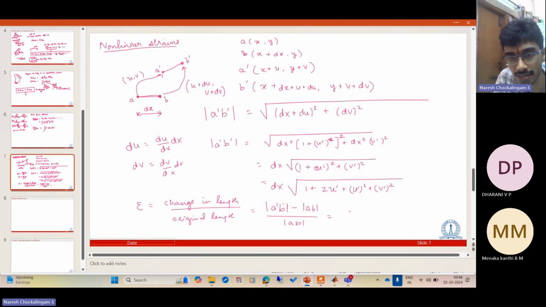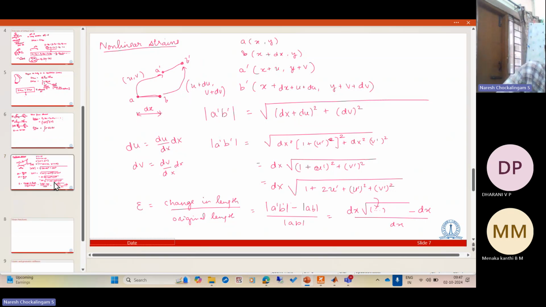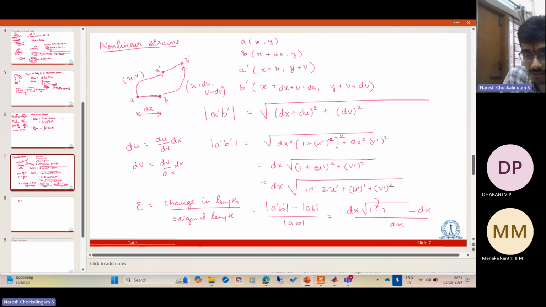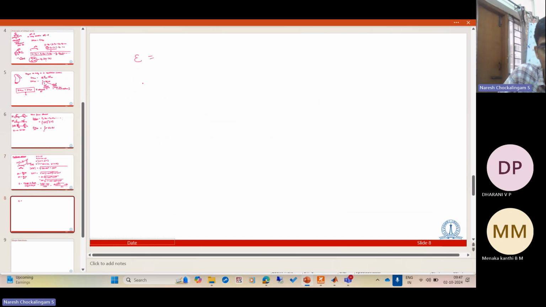So this is dx into square root of this thing minus dx, divided by dx. So the strain is this whatever is inside: square root of 1 plus 2u dash plus u dash square plus v dash square, minus 1. This is the strain.